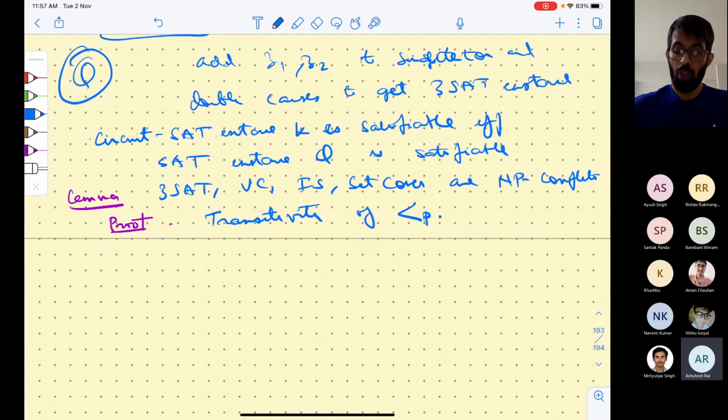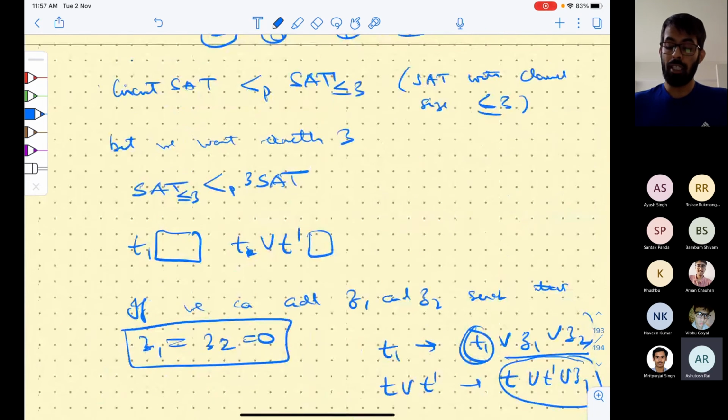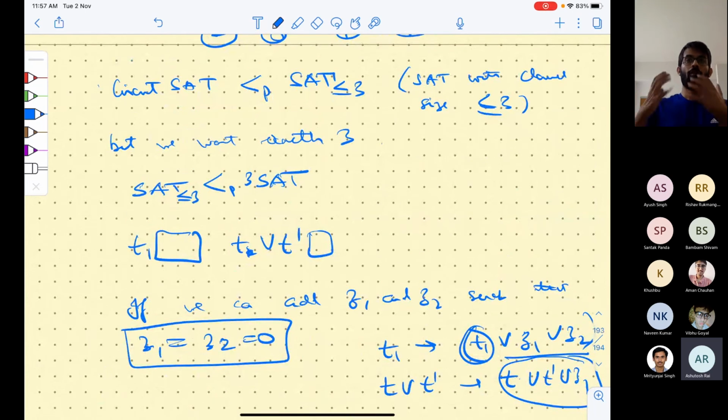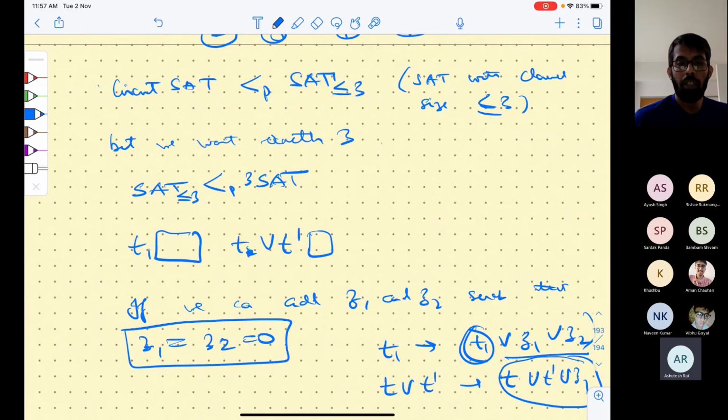Right? So any question about this, about today's thing? So basically the idea is that you define this class of NP, which is efficient certificates, small certificates which are verifiable in polynomial time. And then the main idea is that you will get an NP complete problem. You can find an NP complete problem such that any problem in NP reduces to that problem. And that problem is circuit SAT.